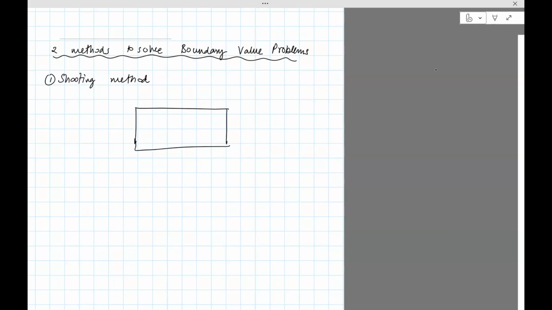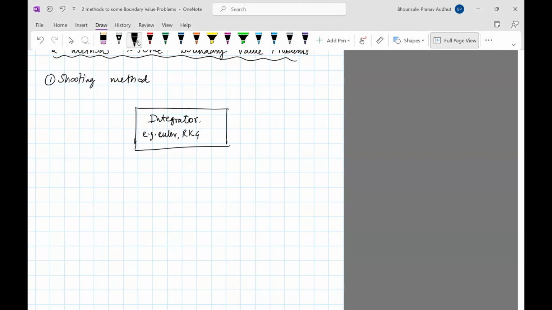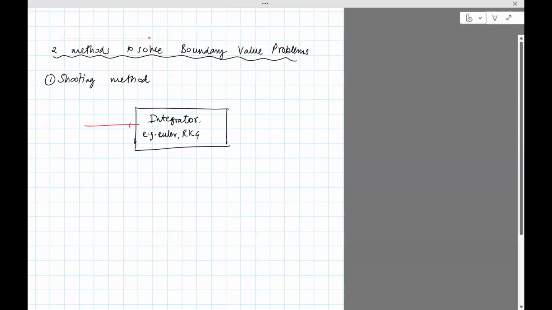Let's say this is your integrator, for example, Euler, RK4, whatever you want. In all the integrators, in goes an initial value.